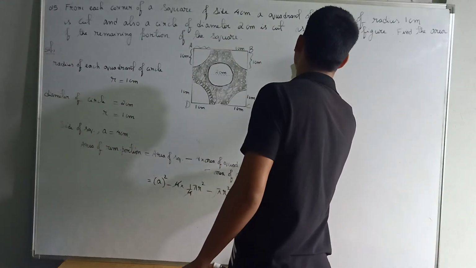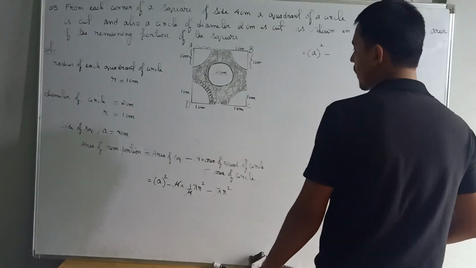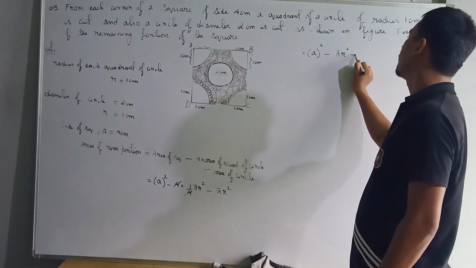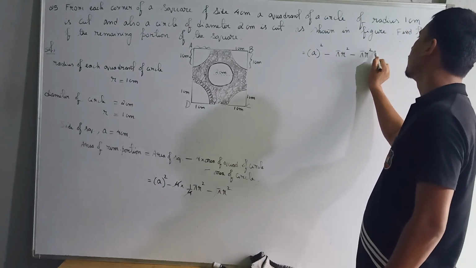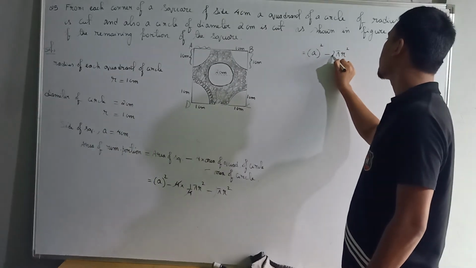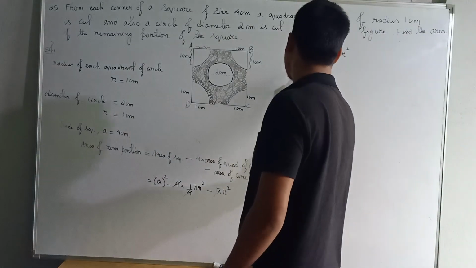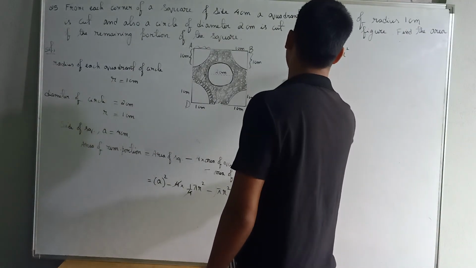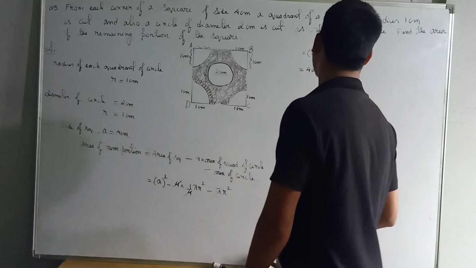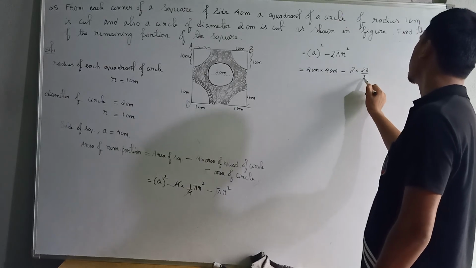So we have a square minus pi r square minus pi r square, which gives minus 2 pi r square. Now the side of the square is 4 centimeter, so a square means 4 centimeter into 4 centimeter, minus 2 pi r square, where pi is 22/7.